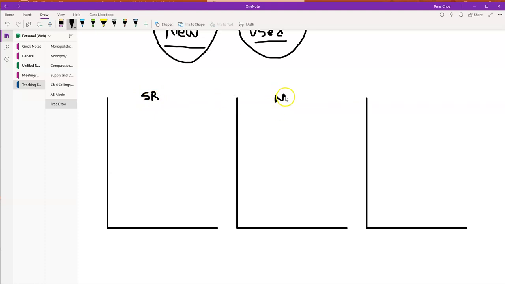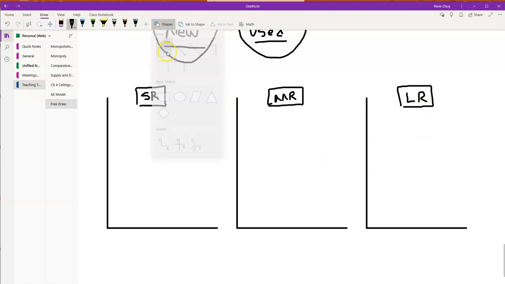Then we have what we call medium run and long run. All right, again, short run is kind of like, think about now and maybe within a few months. Medium run is within a few months to a year, and then long run is later, whenever we can change capacity. So when it comes to products and the supply line, in the short run, the supply line tends to be highly inelastic.